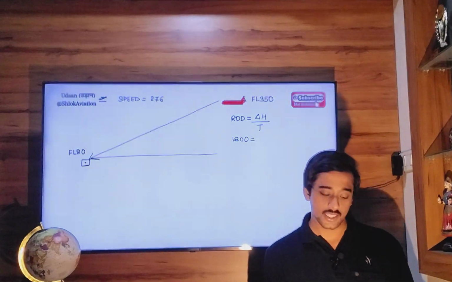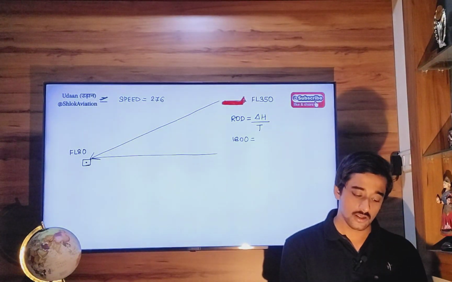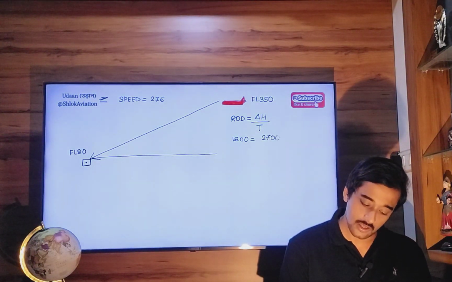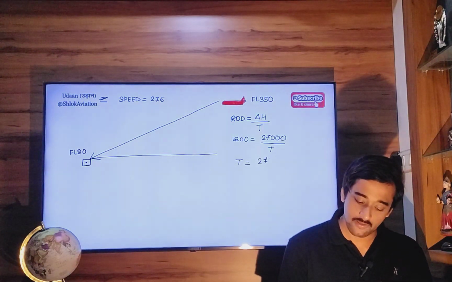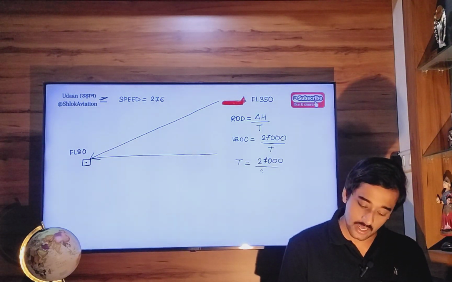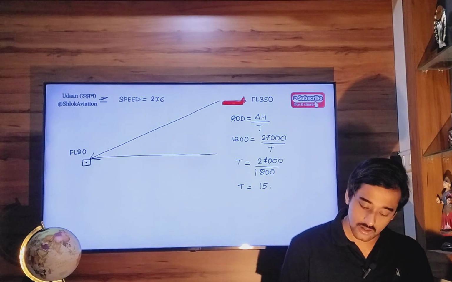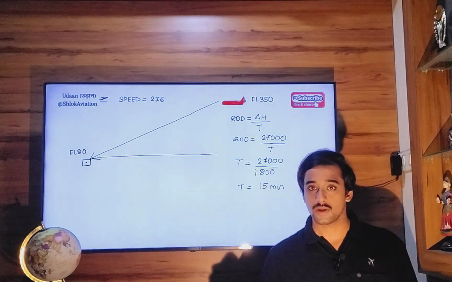Change in height: you are descending from 35,000 to 8,000, so the change in height is 27,000 divided by time taken. So time taken equals 27,000 divided by 1800, which is equal to 15 minutes.